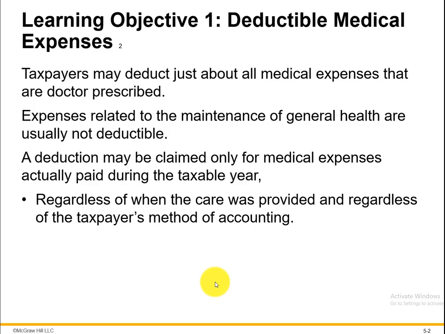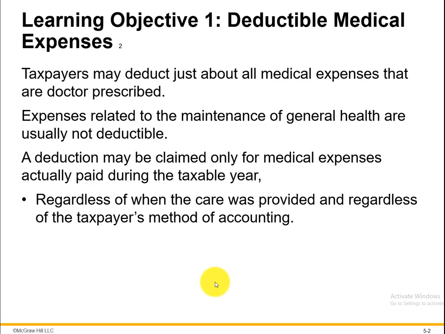Typically when that's the case, they're going to send you to physical therapy. So physical therapy, because it's prescribed, would be a deductible cost. And for the stuff in your medicine cabinet, the things that are prescribed typically are going to be deductible. Those that are over the counter would not be.